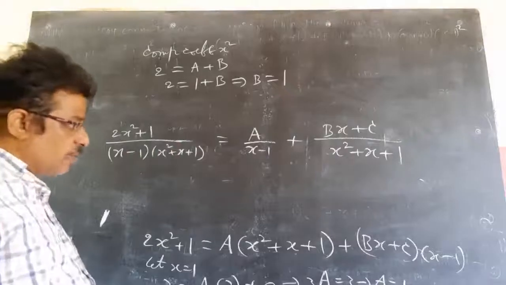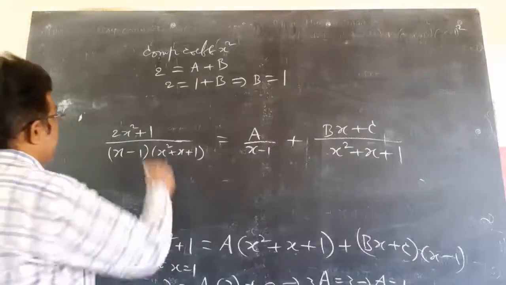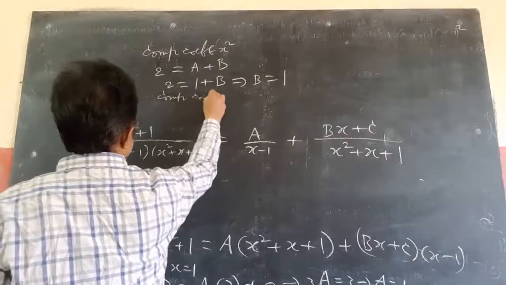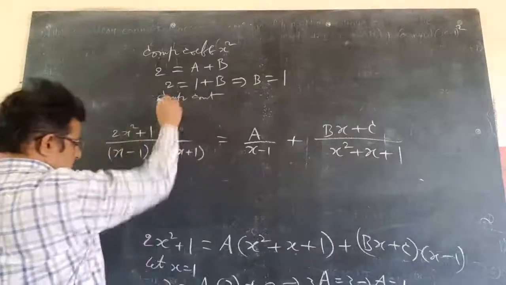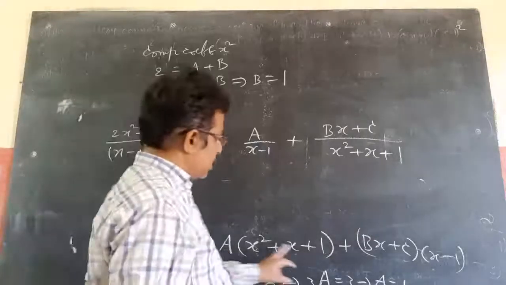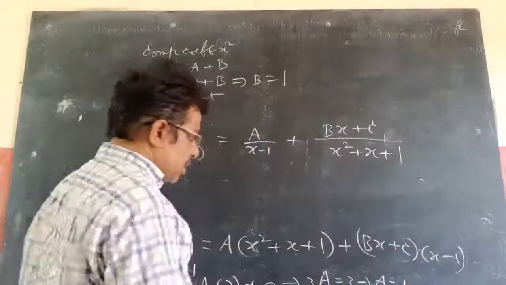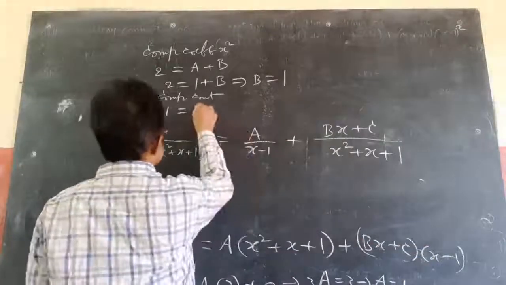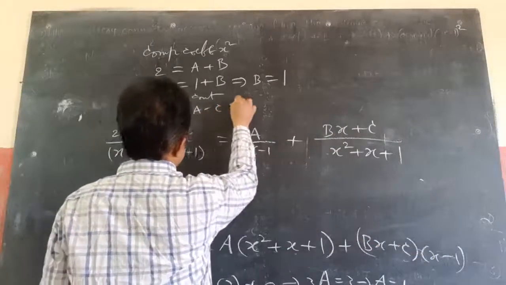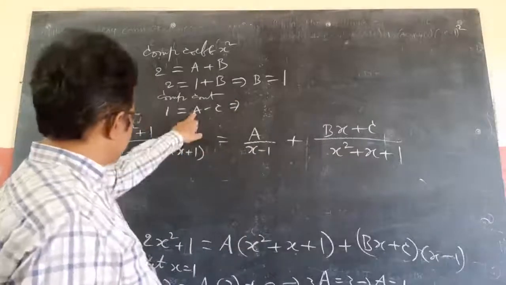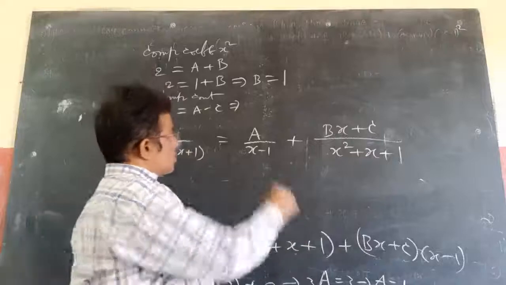For c I can go for the constant. So comparing constant on both sides, this side the constant is 1, equal to, coming on this side, a minus c, because for b there is x, so only minus c. If I substitute a value 1 here, I will get c is 0.